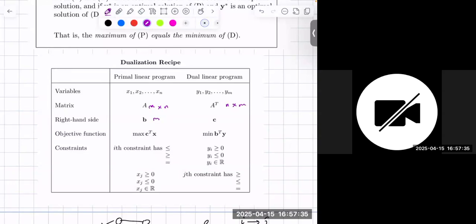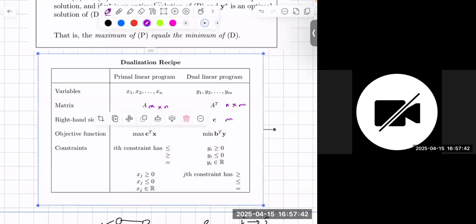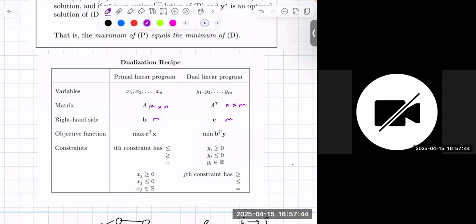And A transpose is n times m, right? And this guy should also have m, or n. Give me a sec. Yes, this guy should have n. I'm sorry. And then here is the maxima, here is the minima. And you just work through this, you get your dual.